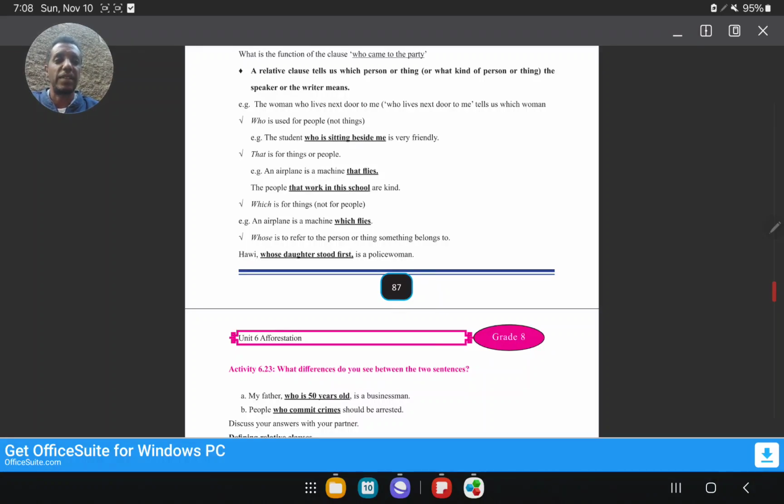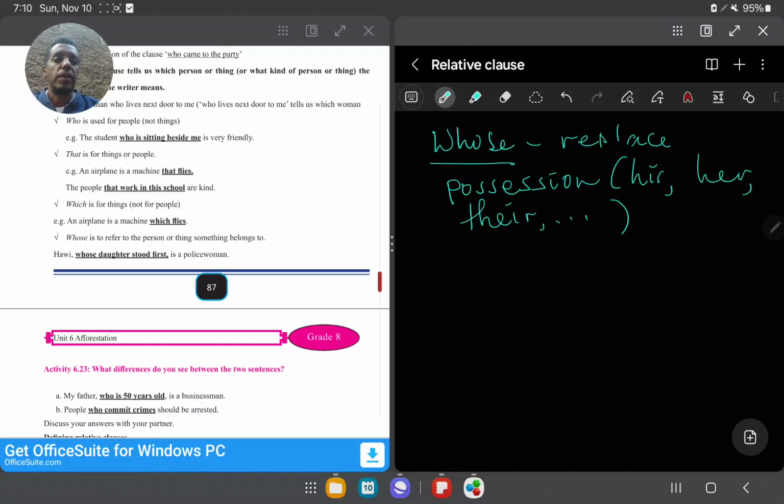It replaces, let me show you here. Whose refers to possession. Look at the sentence. The person or thing something belongs to. ባለቤትነትን belongs to ባለቤትነትን ያሳያል ማለት ነው። Howie, whose daughter stood first, is a policeman.